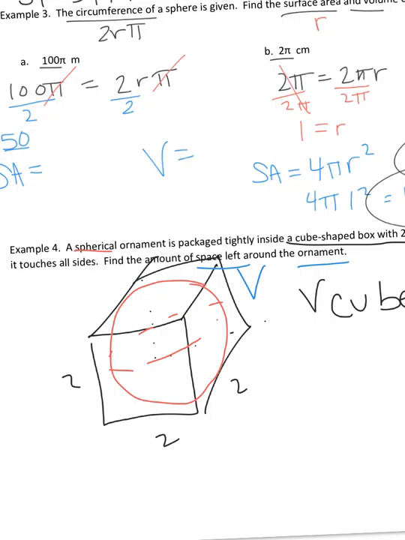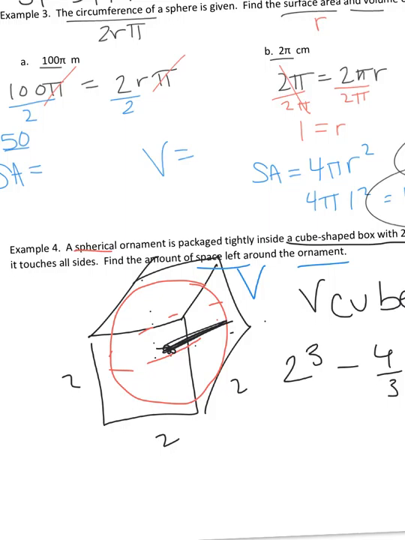So the volume of the cube is 2 cubed minus the volume of a sphere, which is 4/3 pi. Now, the radius is going to be 1, because it's halfway across, so it's going to be 4/3 pi 1 cubed.